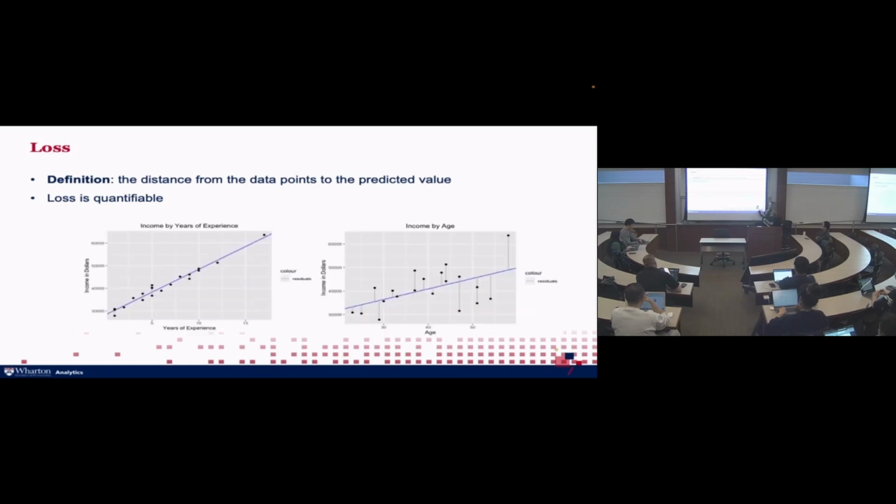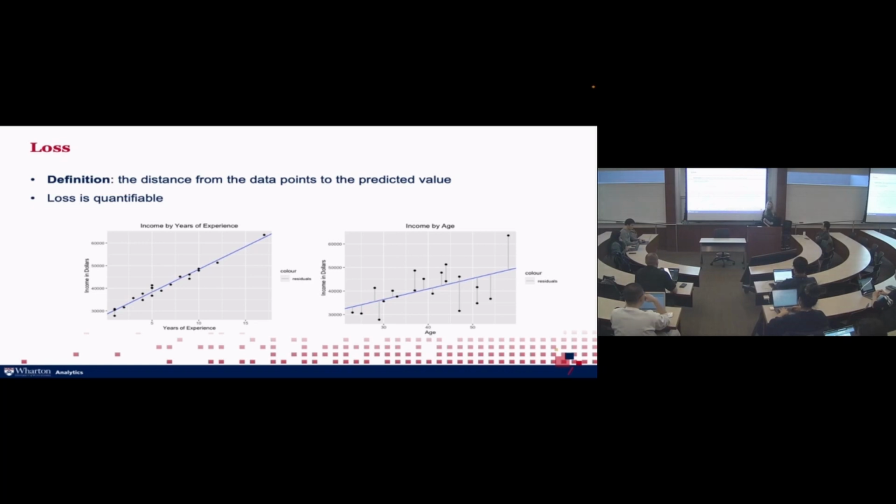Using age as a predictor for income, compared to using years of experience as a predictor for income, results in much larger residuals. And so we consider this a loss. So for the first data set here, the line has a much better fit for the data. It's more appropriate, it's more predictive. And when we're looking at age, the fit is not as good, and we can see that with the larger residuals.